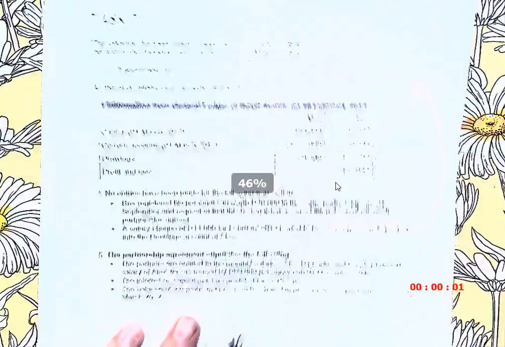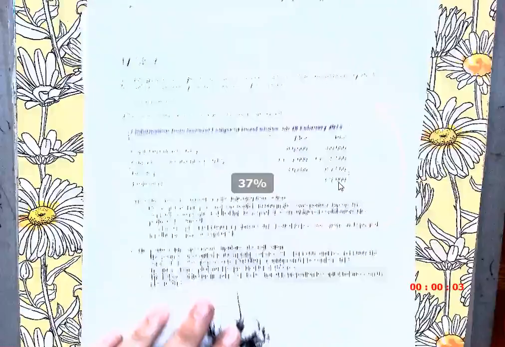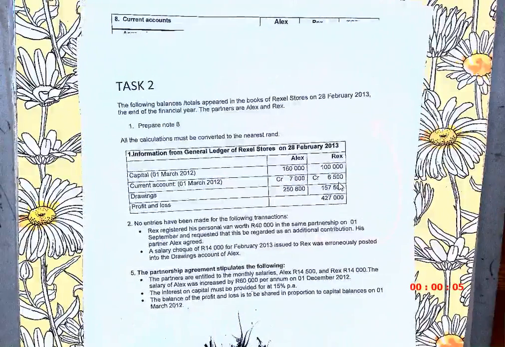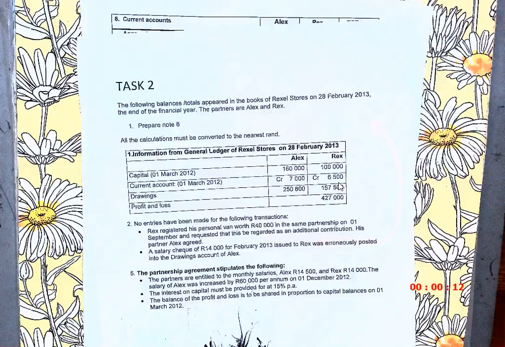I want to make sure that you remember what I said. Partners, primarily, firstly, from the profit, get a salary, a bonus, and interest on capital.